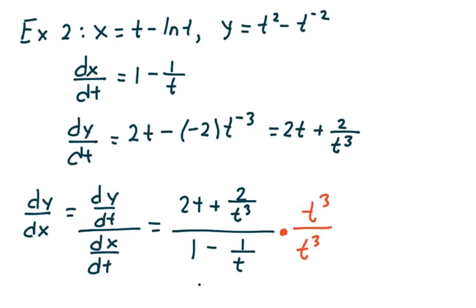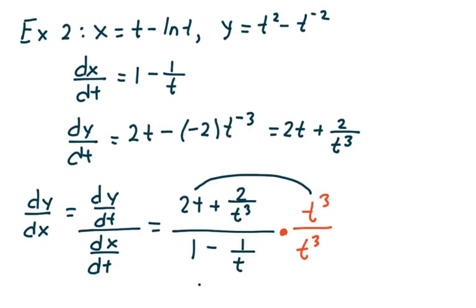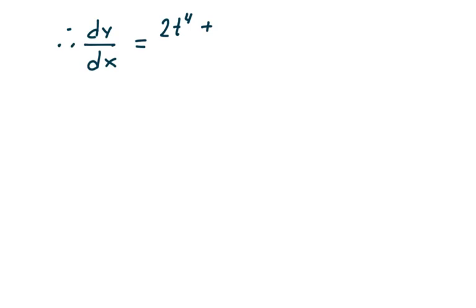Now, therefore, dy/dx, so I'm going to get 2t times t to the third, so that's going to be 2t to the fourth, plus, now remember, when you multiply 2 over t to the third by t to the third, the denominators cancel, so you're left with 2.